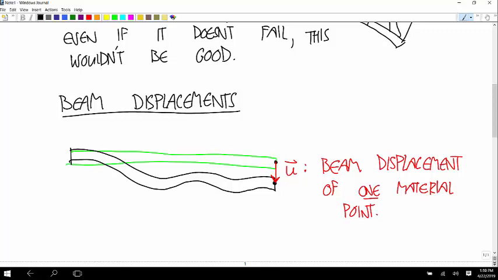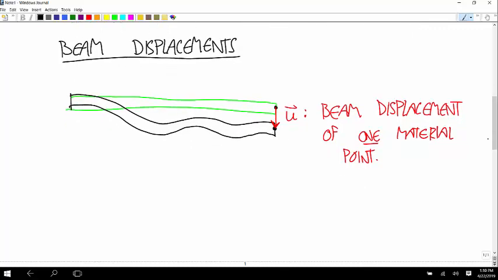You can think of the total displacement as being equal to the displacement due to the tension compression, plus the displacement due to the shear force and bending moment. We're just going to think of it in terms of the bending moment, since those are related to each other.